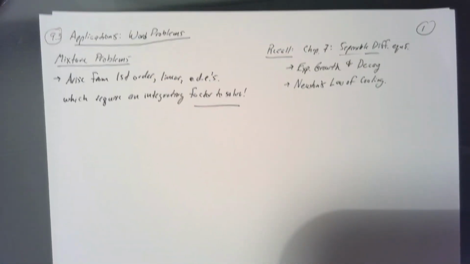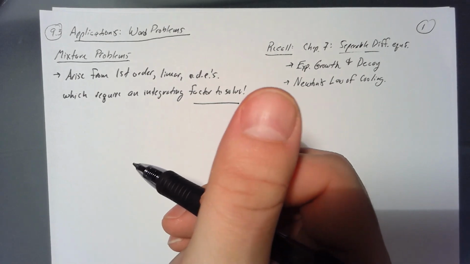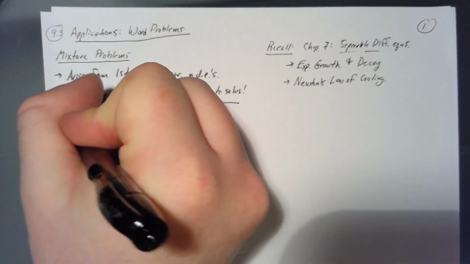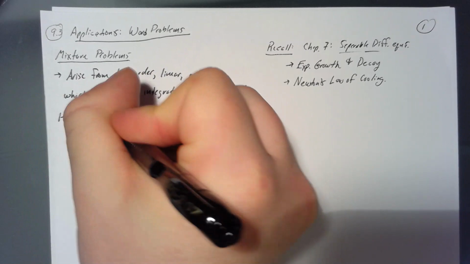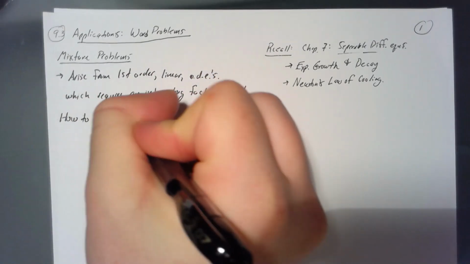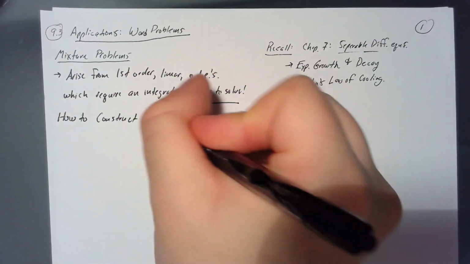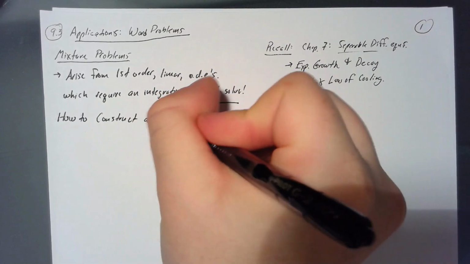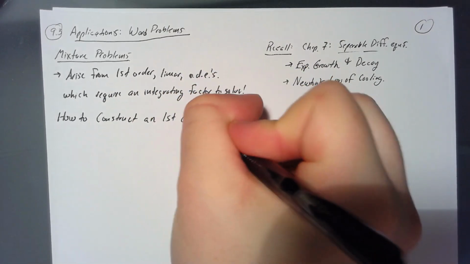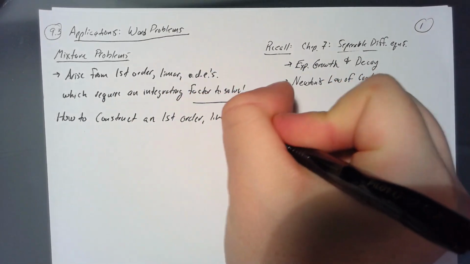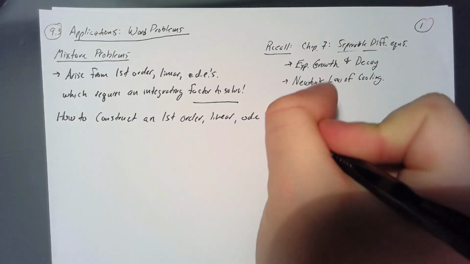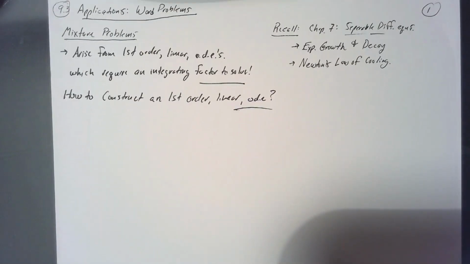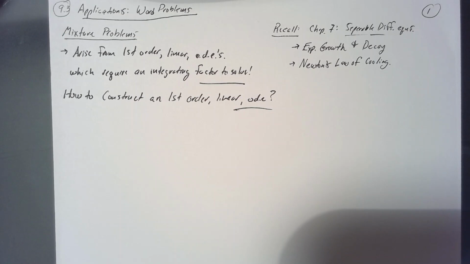So how do we make these things? How do we devise, how to construct a first order linear ODE?